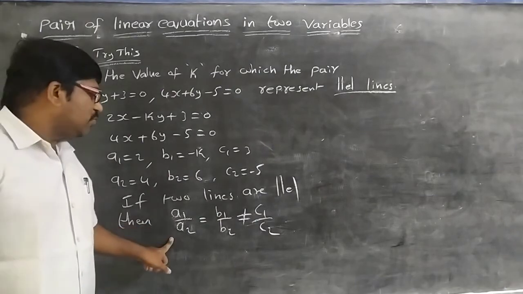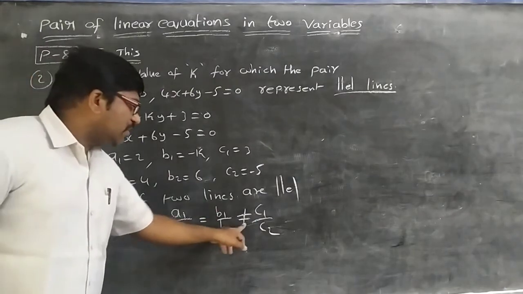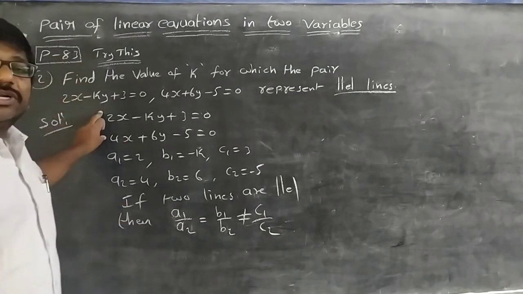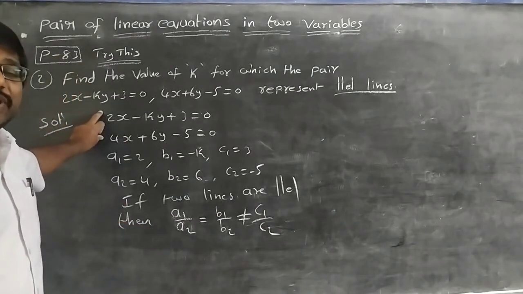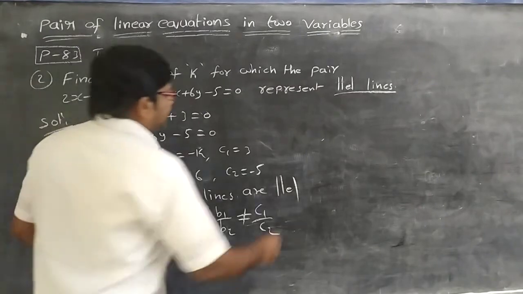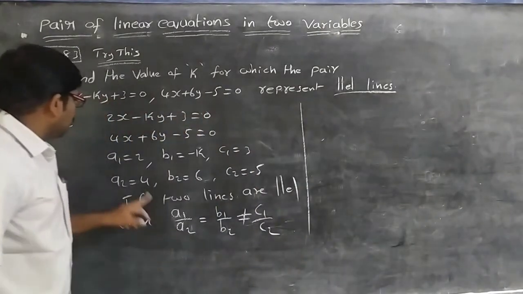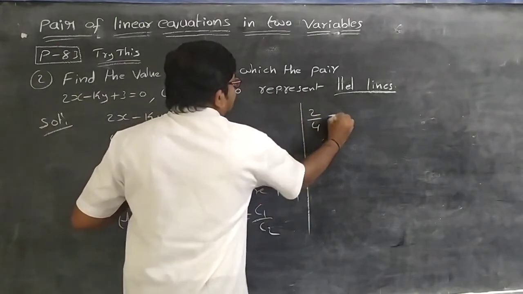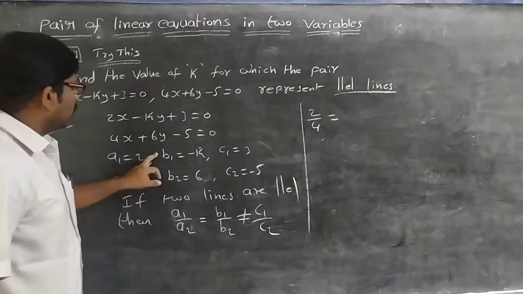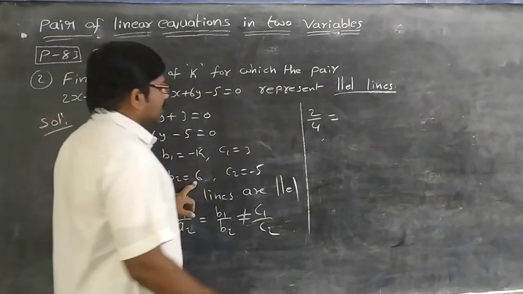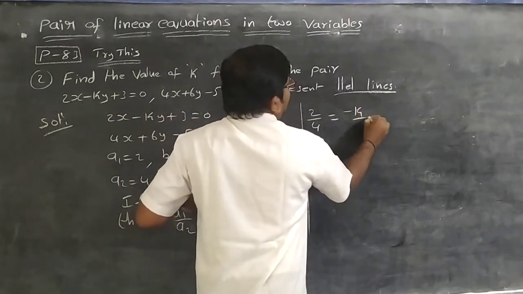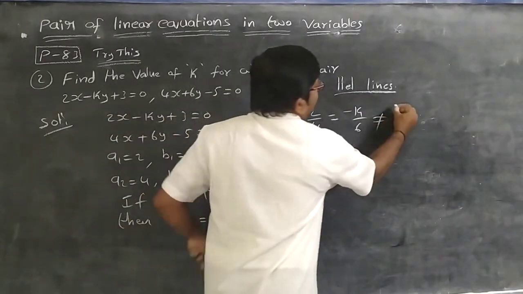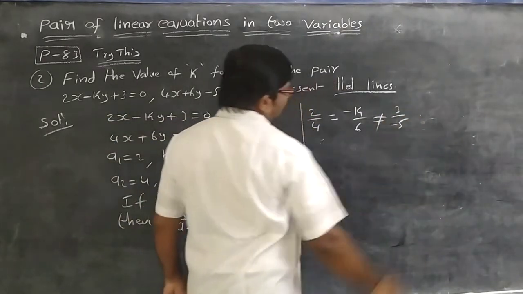If a1 by a2 is equal to b1 by b2 does not equal c1 by c2, then the two lines are parallel, right? So a1 by a2, 2 by 4, is equal to b1 by b2, minus k by 6, does not equal 3 by minus 5, right?